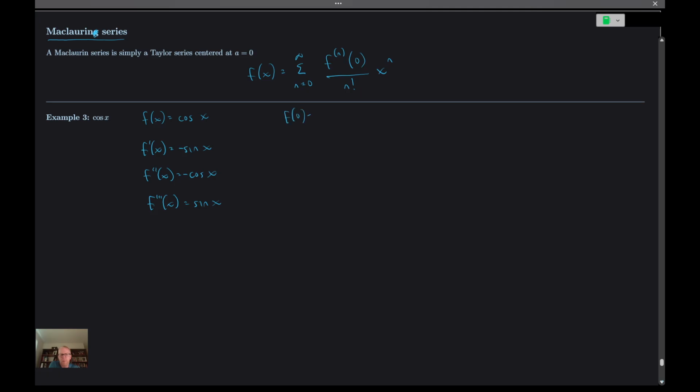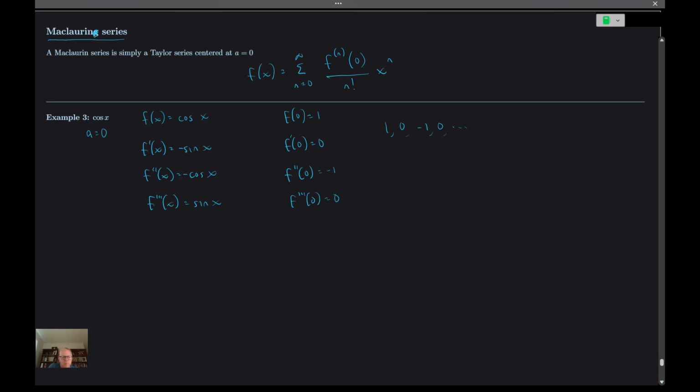So f of 0 is going to be 1, f prime of 0 is going to be 0, f double prime of 0 will be negative 1, and f triple prime of 0 will be 0, and it'll just repeat. So we have 1, 0, negative 1, 0, and so on. Okay, so we're just letting a equal 0. We're looking at the Maclaurin series.